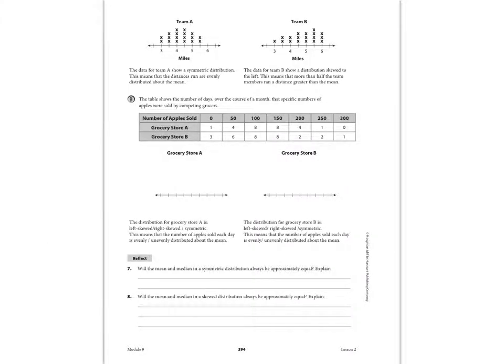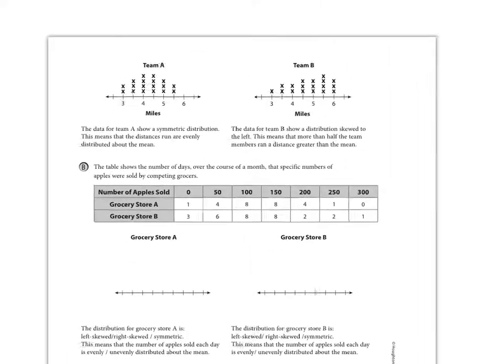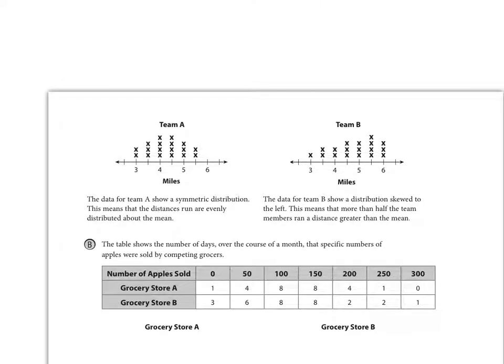I'm not going to actually do the your turn here, or example B, but you can take a look at the example right above here. You can see that team A is pretty symmetric. Team B is skewed to the left because we have more of the data on the right side. So you can see skewed to the left explains it.